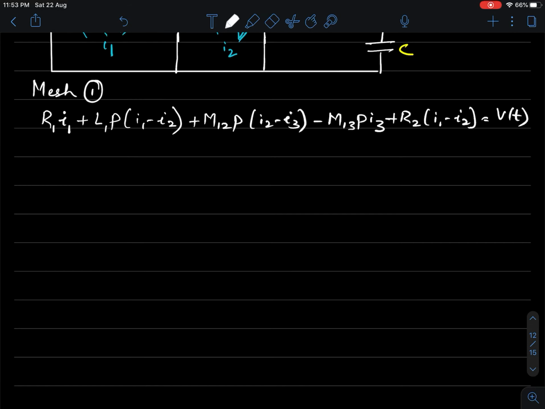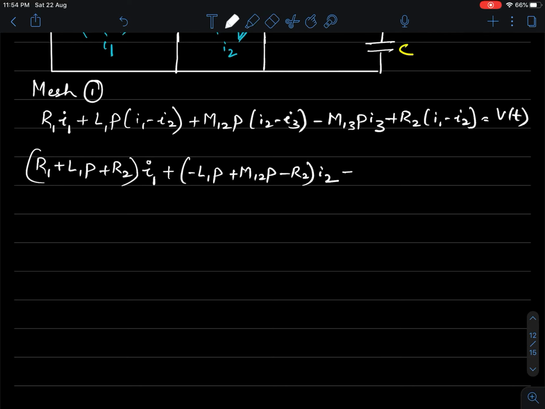I'll group all the terms. Grouping the terms containing I1, I will get R1 plus L1P plus R2, whole thing into I1. Then grouping the terms containing I2, I will get minus L1P plus M12P minus R2, whole thing into I2.